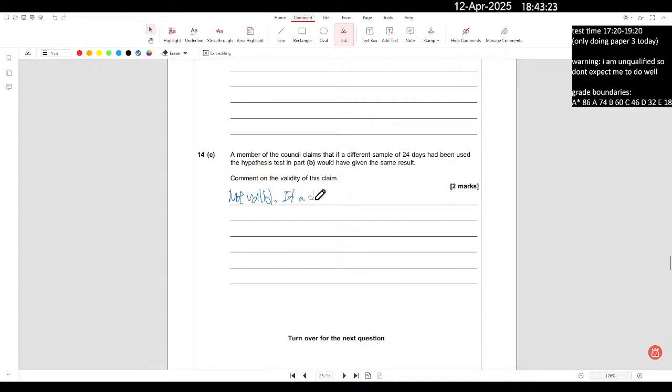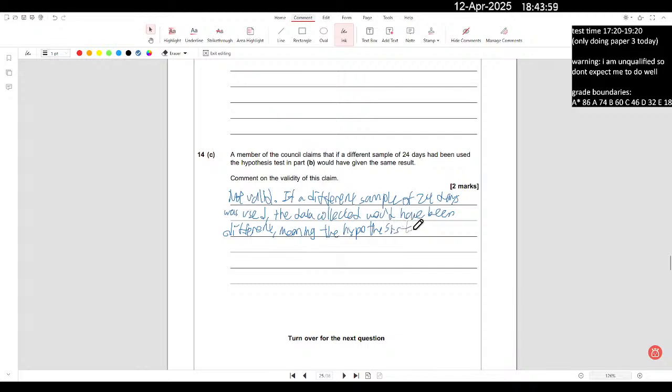If a different sample of 24 days was used, the data collected would have been different, meaning the hypothesis test result would not be the same.